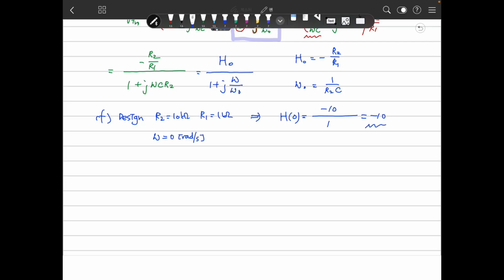What's the meaning of that? If V in is 10 volts, then V out will be minus 100 volts, because of this minus 10 times gain.